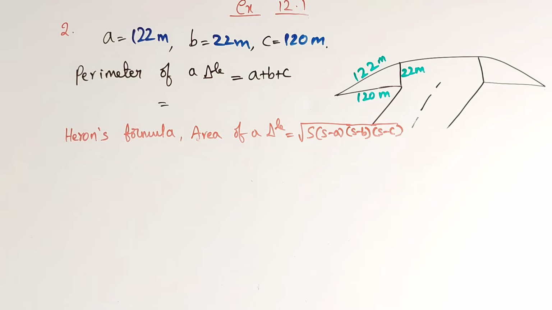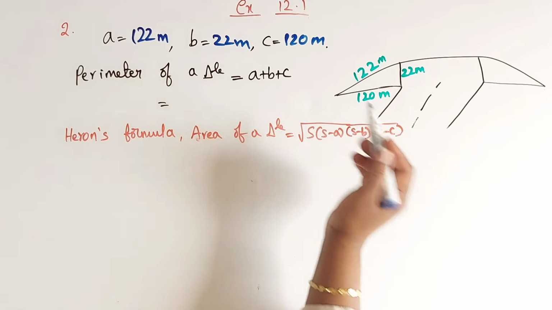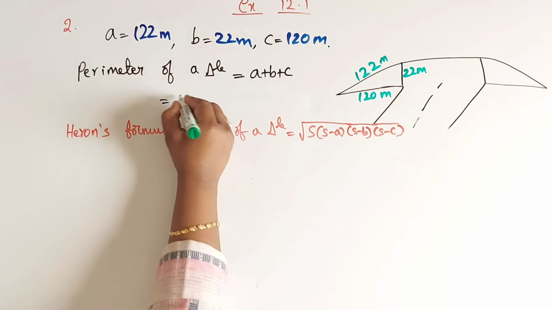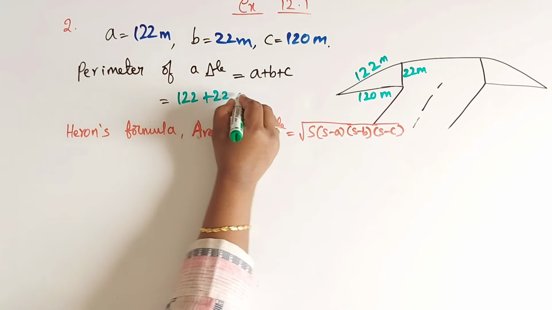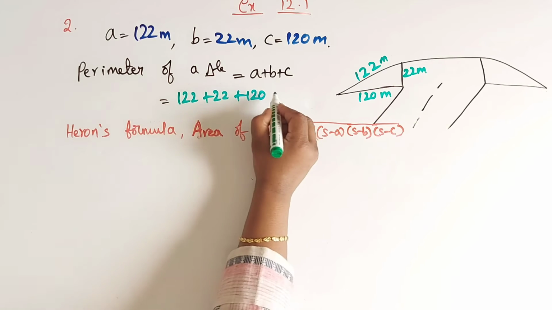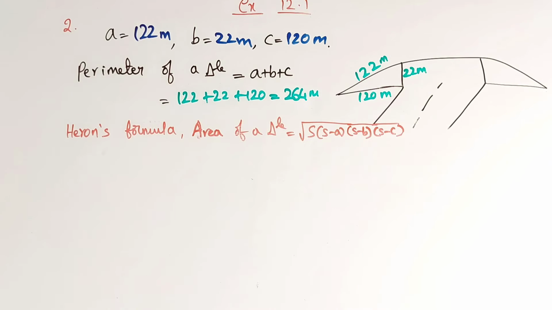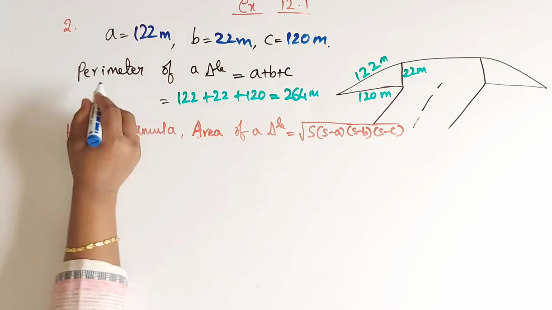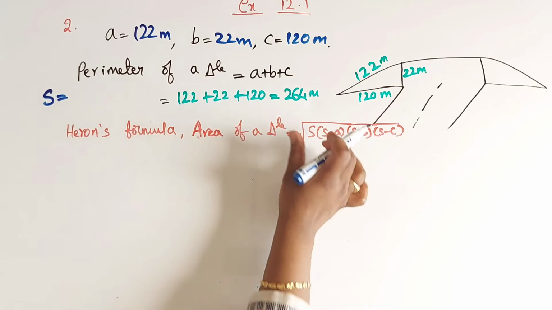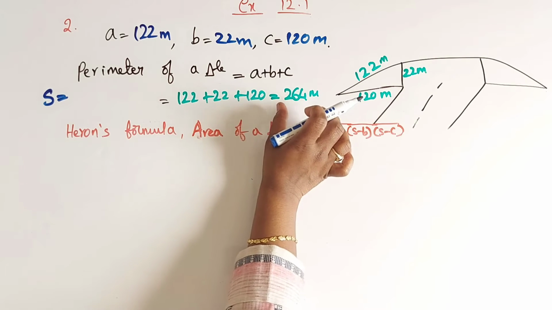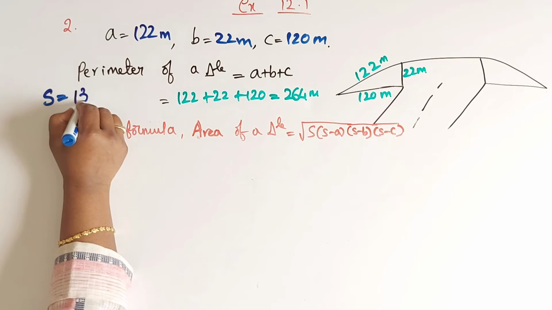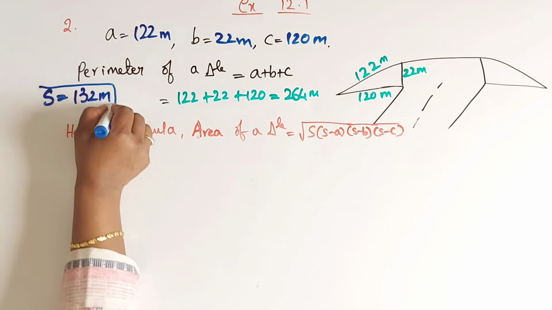The perimeter of a triangle is A plus B plus C, that means 122 plus 22 plus 120 meters, which equals 264 meters. If the perimeter is 264 meters, what is S, children? S means semi-perimeter, half of 264, which equals 132 meters here.